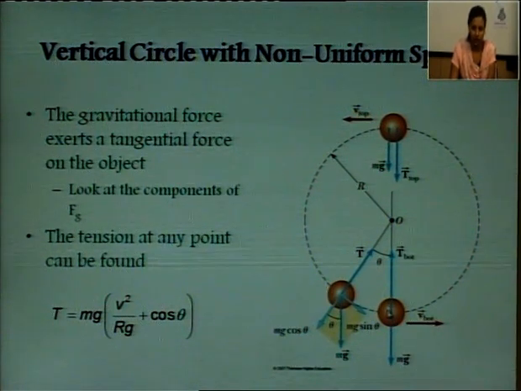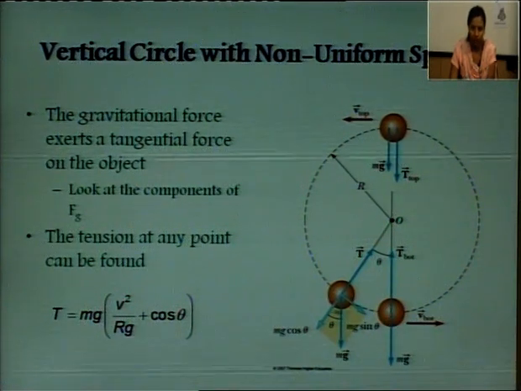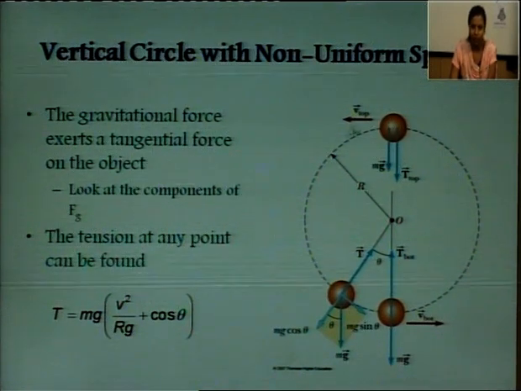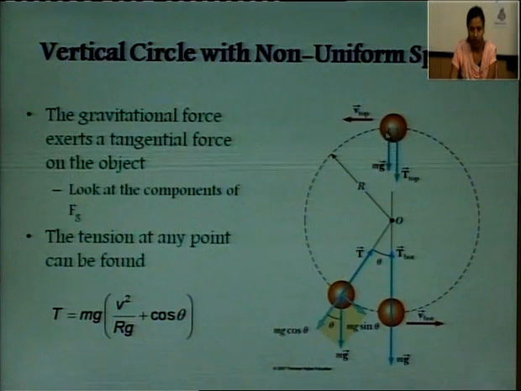Suppose first the body is at this point and it is moving in the vertical circle. At here its potential energy is 0, but here it has kinetic energy as well as potential energy. But when the body reaches the top, its velocity is 0, but its potential energy is highest at this point.